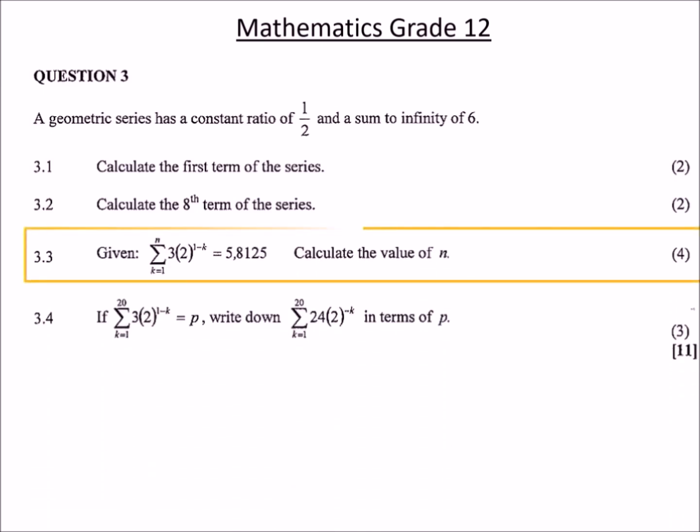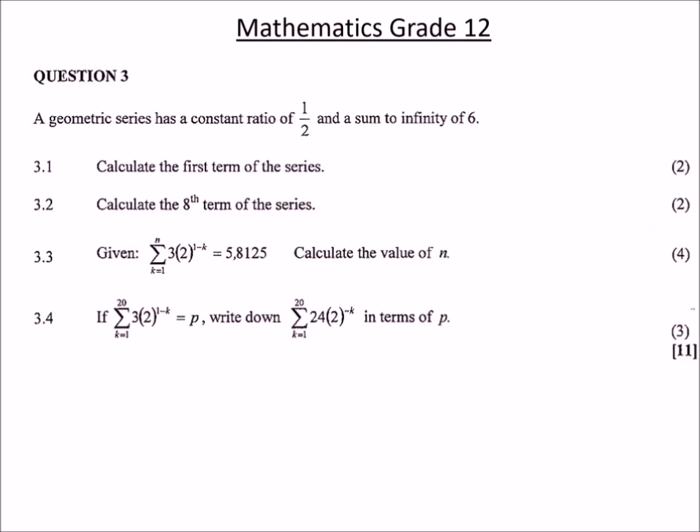Now, 3.3. Given the sum of 3 times 2 to the power of minus k is equal to 581.25, calculate the value of n.